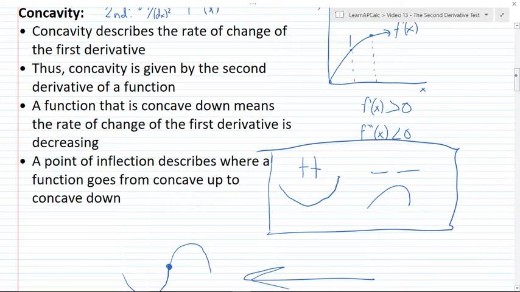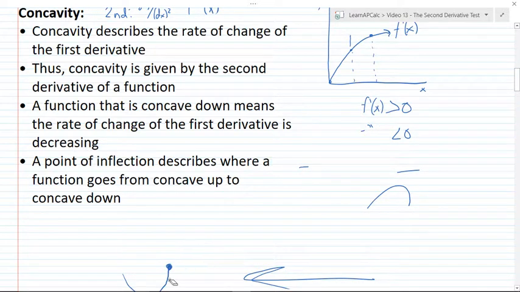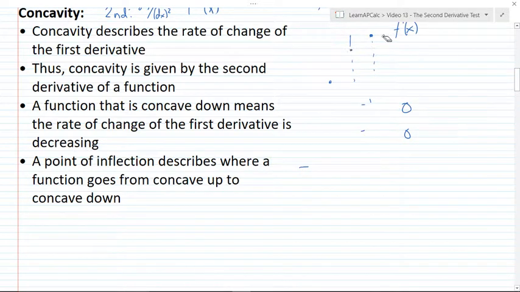So we went over concavity in the first video, and concavity is, very loosely, I'll erase all this stuff just to make it more clear, literally the rate of the rate.